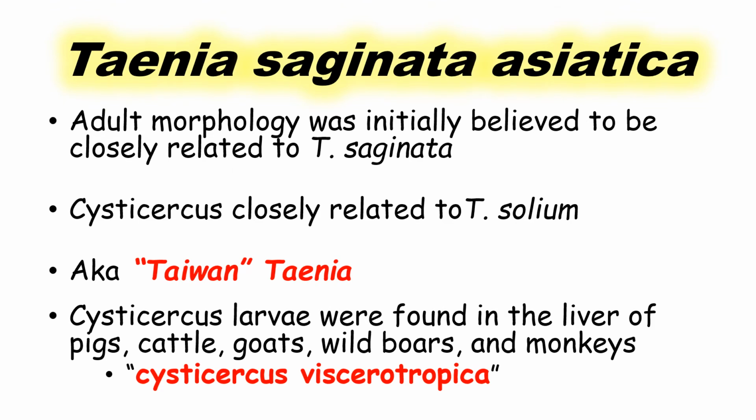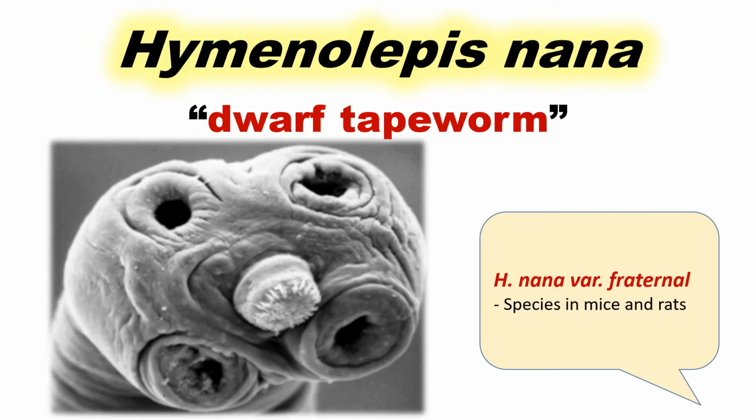Okay? So now let's proceed with Hymenolepis nana or your dwarf tapeworm. Dwarf tapeworm, it is considered as the smallest tapeworm infecting humans, no? Hence gintawag siya dwarf tapeworm. It is formerly known as Vampirolepis nana.